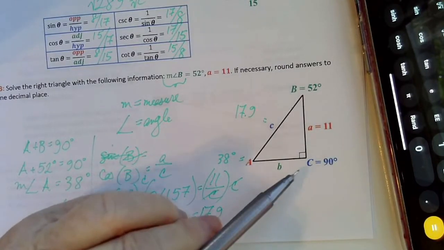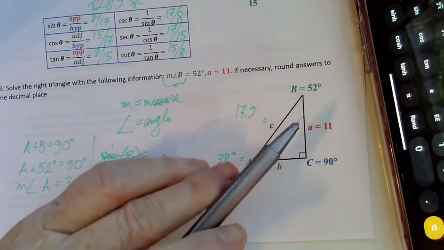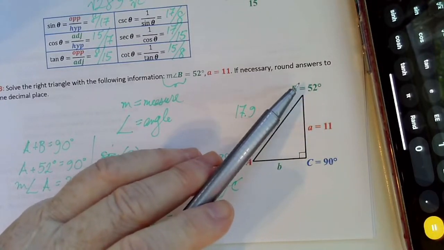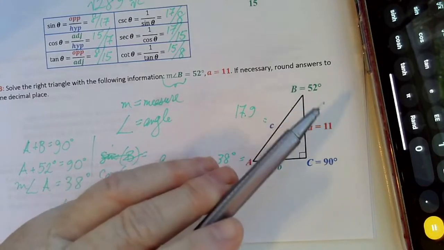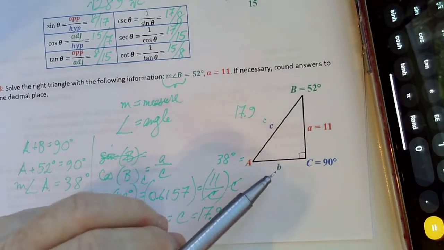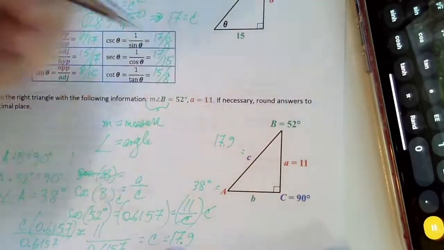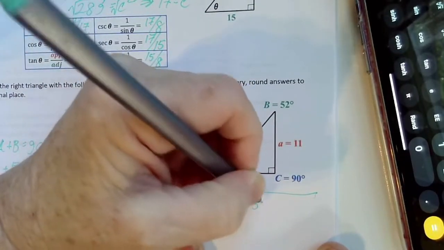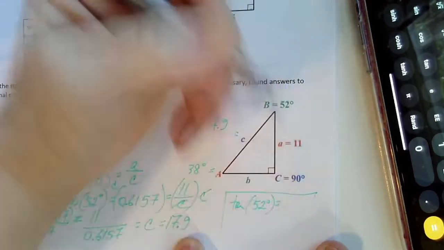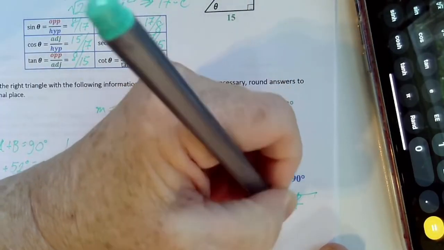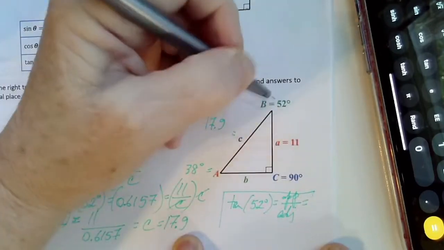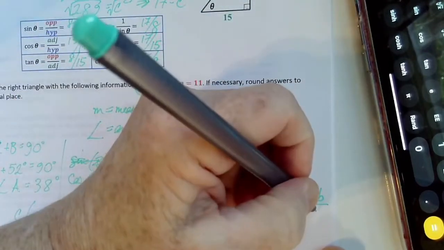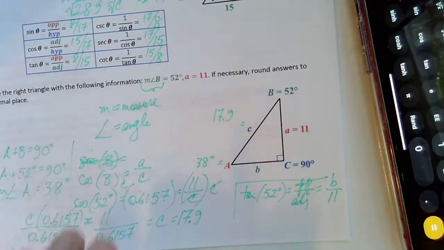We can find side B by taking the tangent of 52, because tangent is opposite over adjacent. Let's go ahead and do that. That sounds fun. So we've got the tangent of 52 degrees is opposite over adjacent. Opposite is B, that's what we're looking for. Adjacent is A. We have that already.